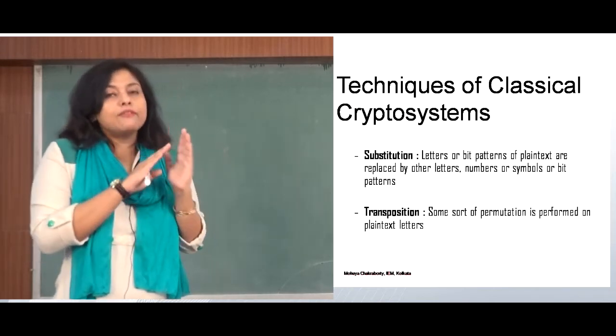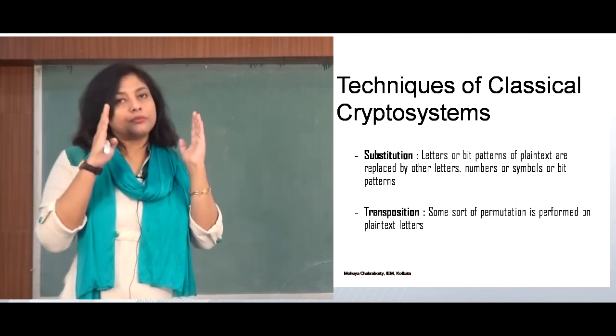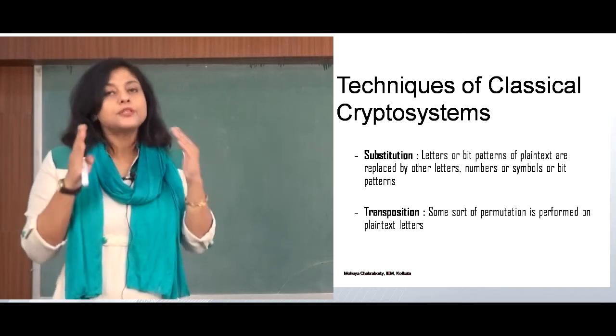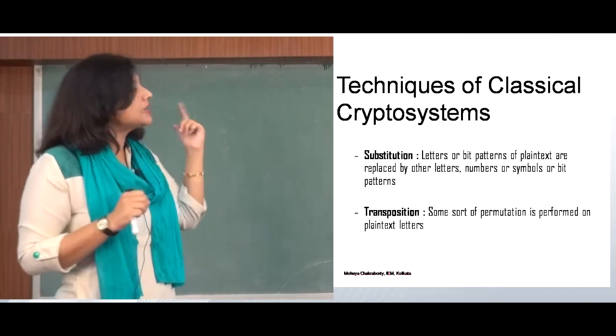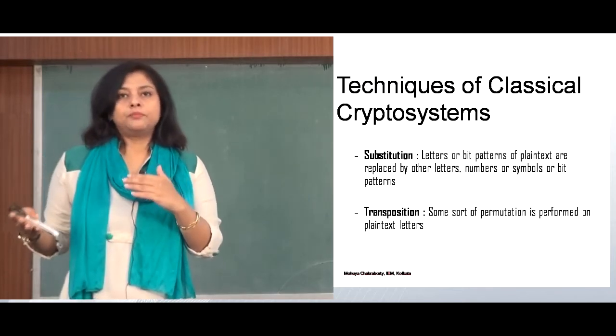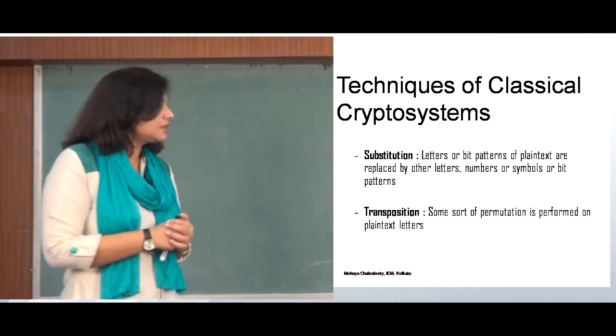That means whatever we are generating, we are not actually transmitting it as is. With the help of some algorithm and a key, we convert the letters or the bit patterns to another group of letters and bit patterns and then transmit them over the communication channel.